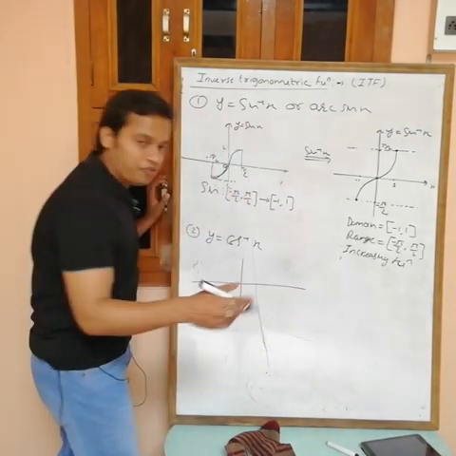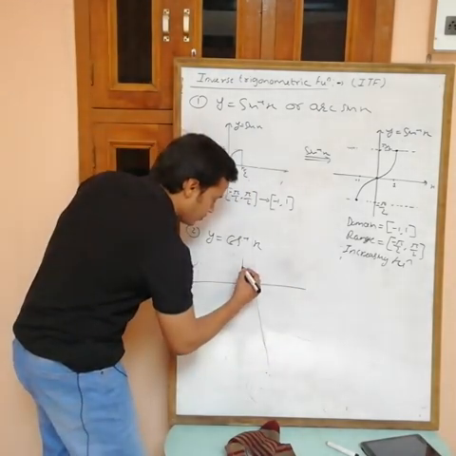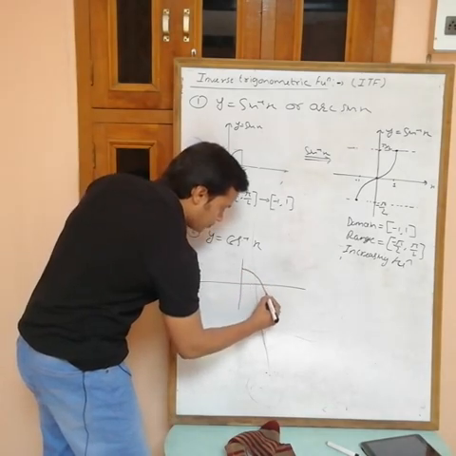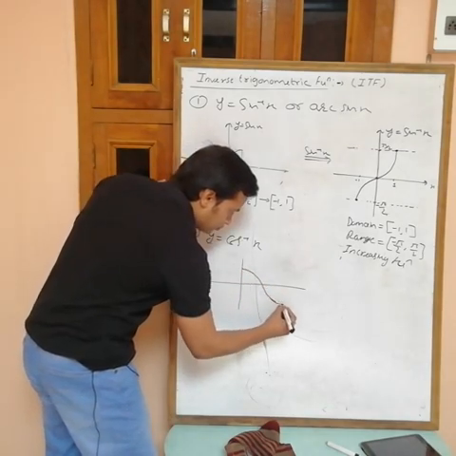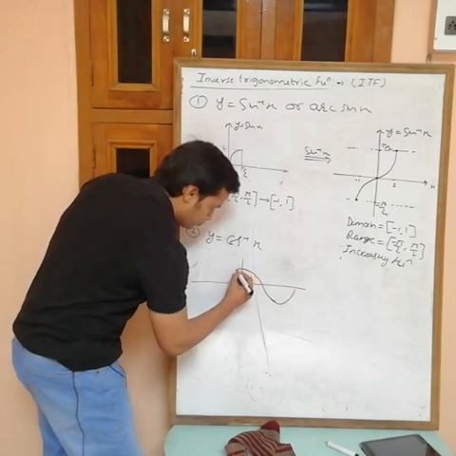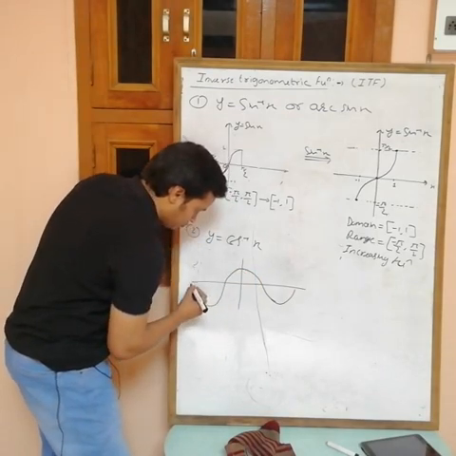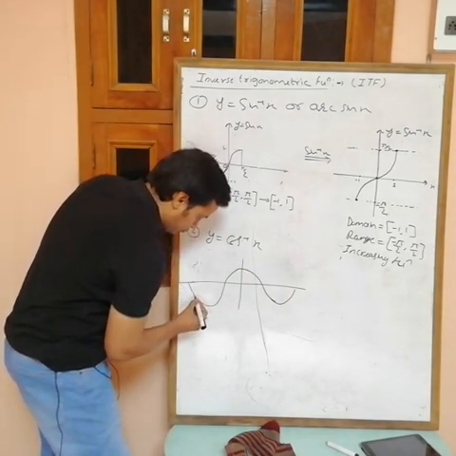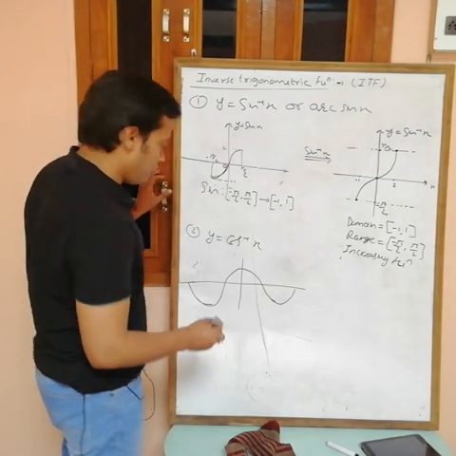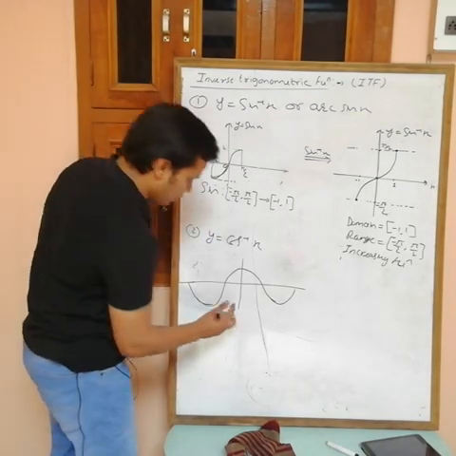First, if I draw the graph of cos x, then we have the graph of cos x like this. The values go from -1 to +1.